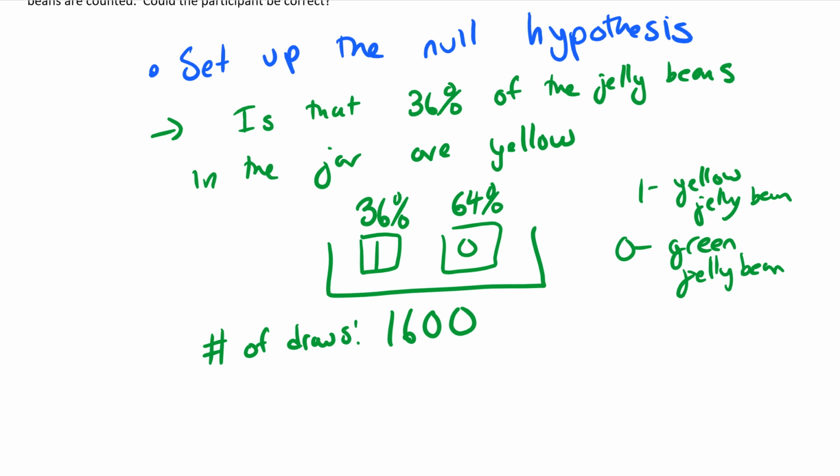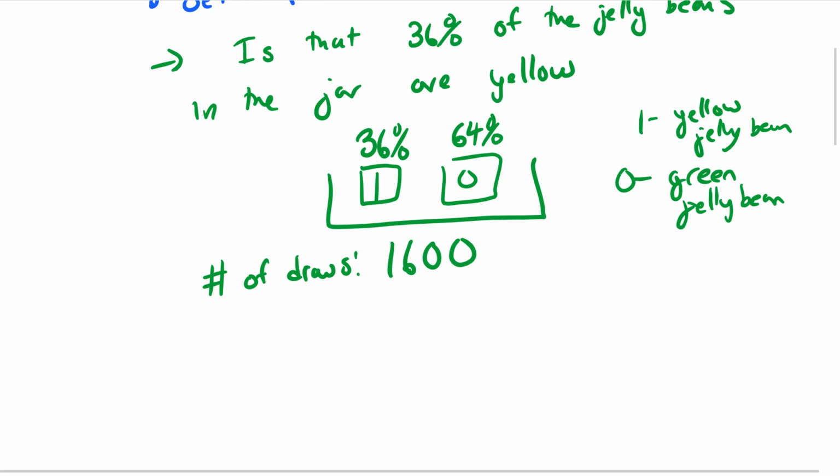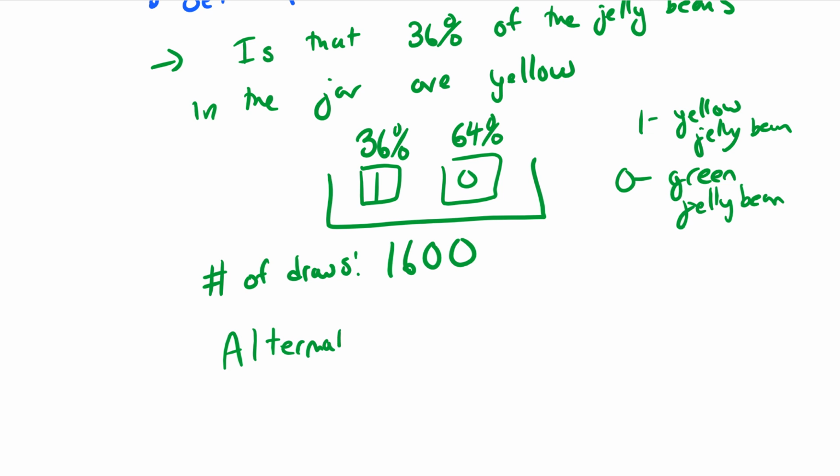So that is the null hypothesis. The alternative hypothesis is essentially the opposite.